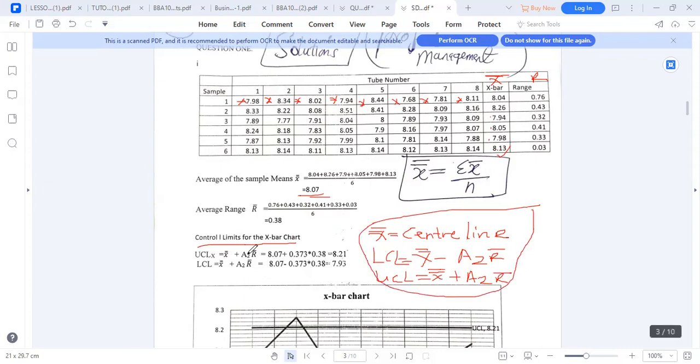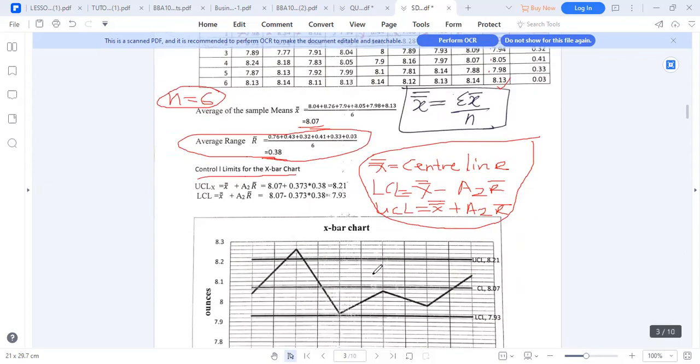So A2 is obtained using our N, which is 6, from the tables that will be provided in an exam. So in the table, that's where the A2 R bar is 0.38. R bar is the average of the ranges.